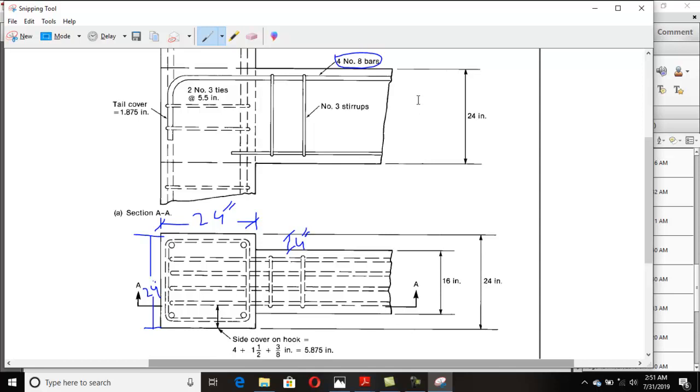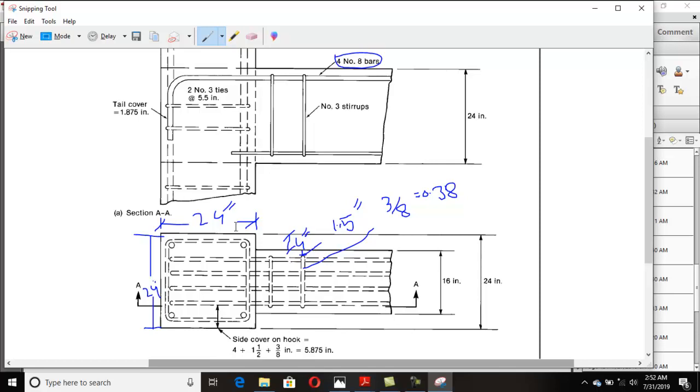And you must know that the clear spacing from the stirrup face to this face is 1.5 inch. It is given. This stirrup is number 3, so its diameter will be 3 by 8, around about 0.38. So what will be the side cover?